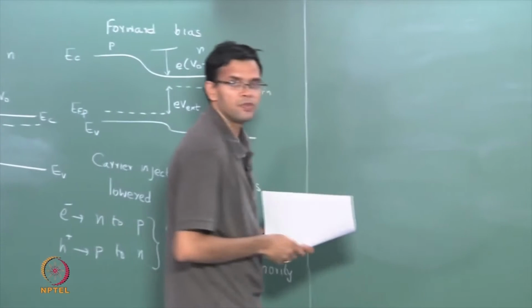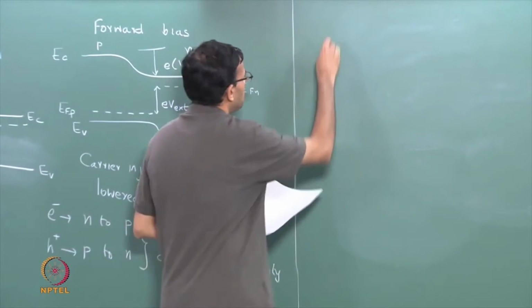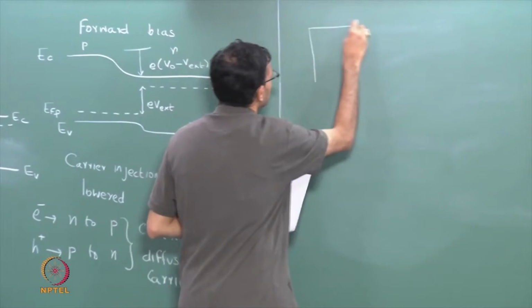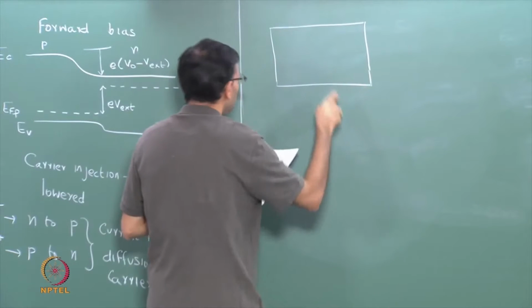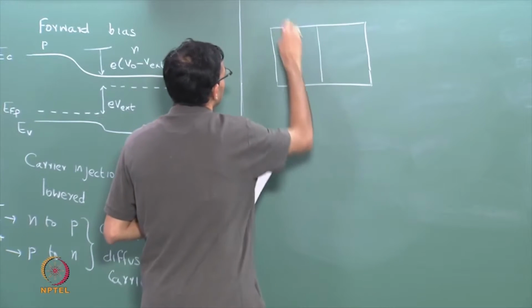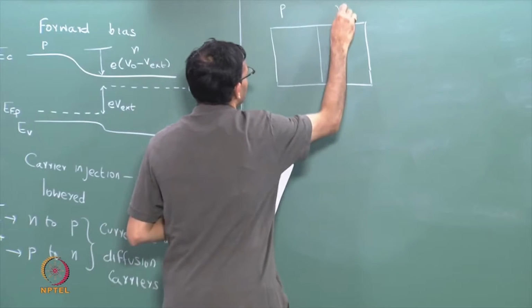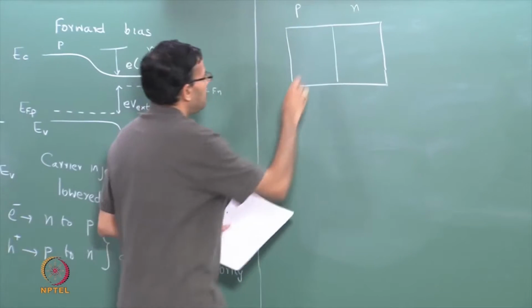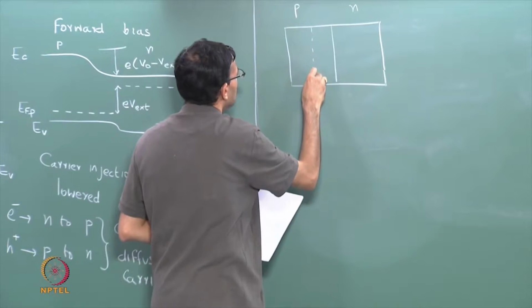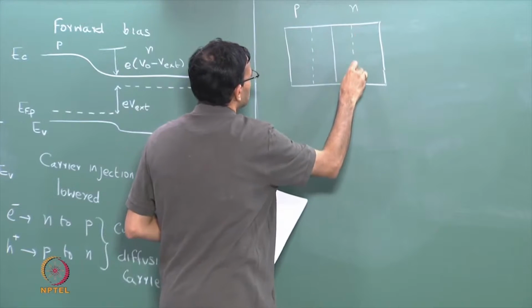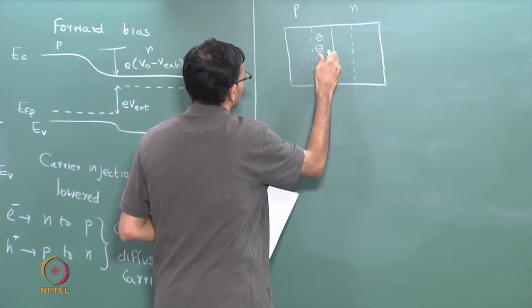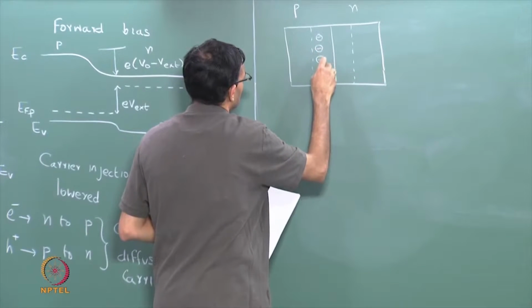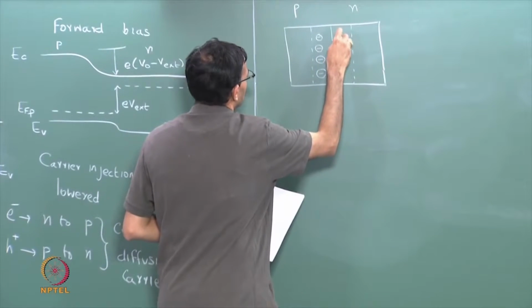So once again I will go back to my picture of the p-n junction, just a schematic. This is the interface between P and N. We have a depletion region, so that this side is all negative, this side it's all positive.